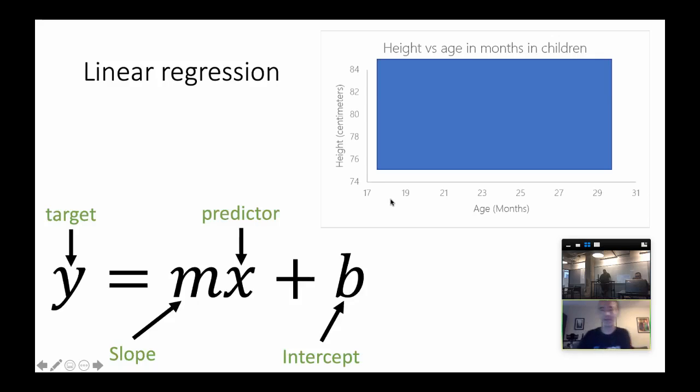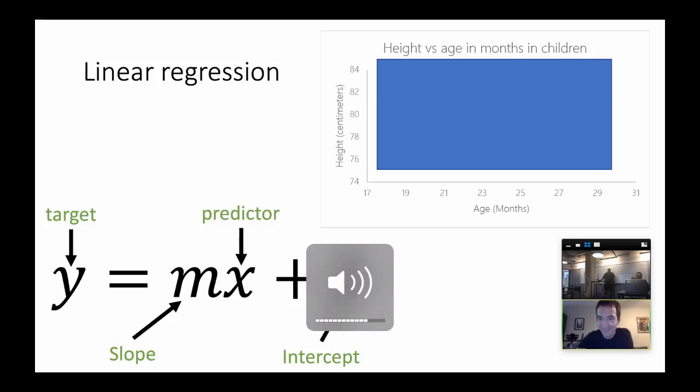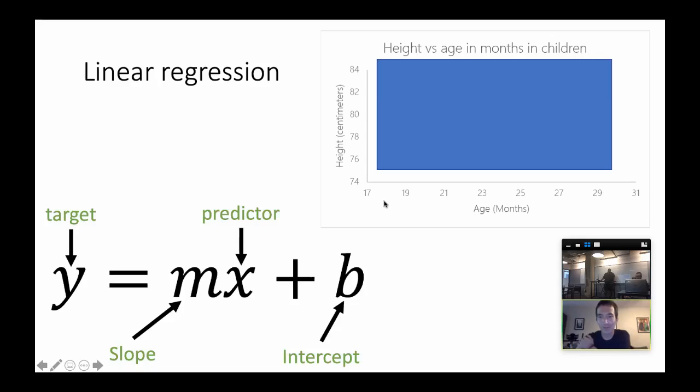I accidentally revealed it a moment ago, but this is a chart, with the data currently obscured, of height versus age in months in children. If you were to guess what this might look like, what do you think? I'm going to guess as the age increases, the height increases until about a certain age where it stops increasing. That's right. And if you look at this particular range of months?